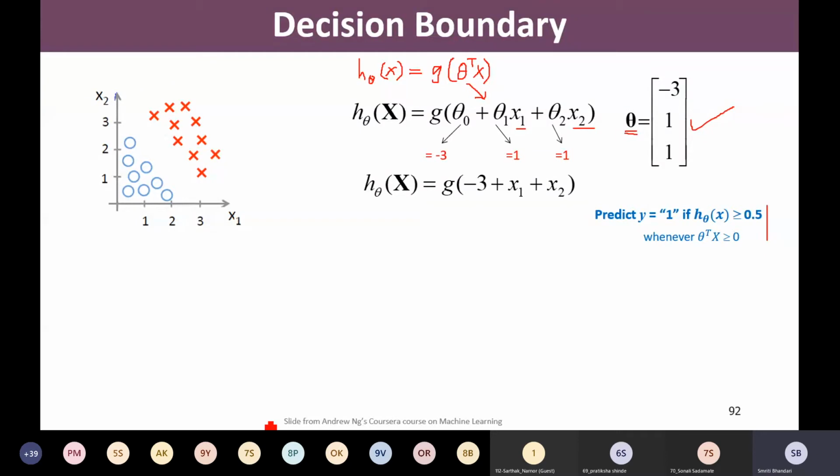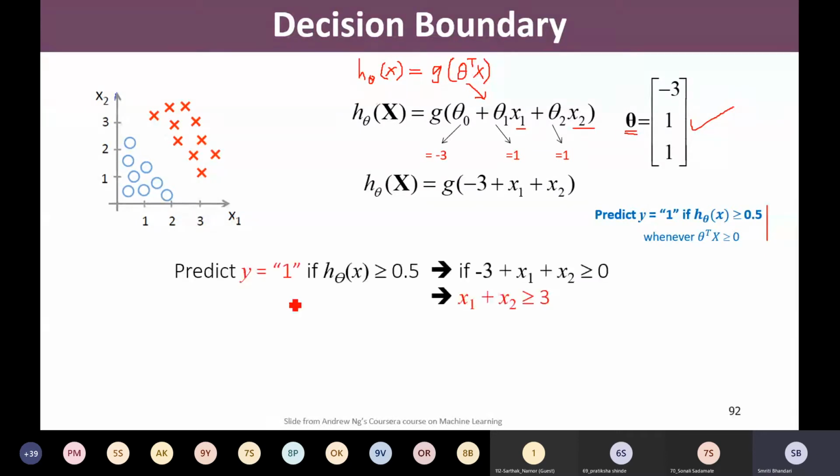The same rule we are going to apply here. We predict y equal to 1 if h theta x is greater than or equal to 0.5. Now, what is my h theta x? It is g of -3 plus x1 plus x2.